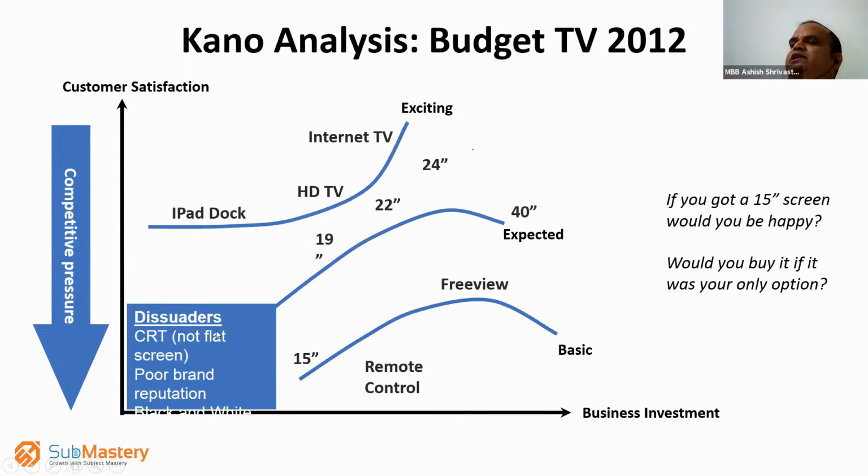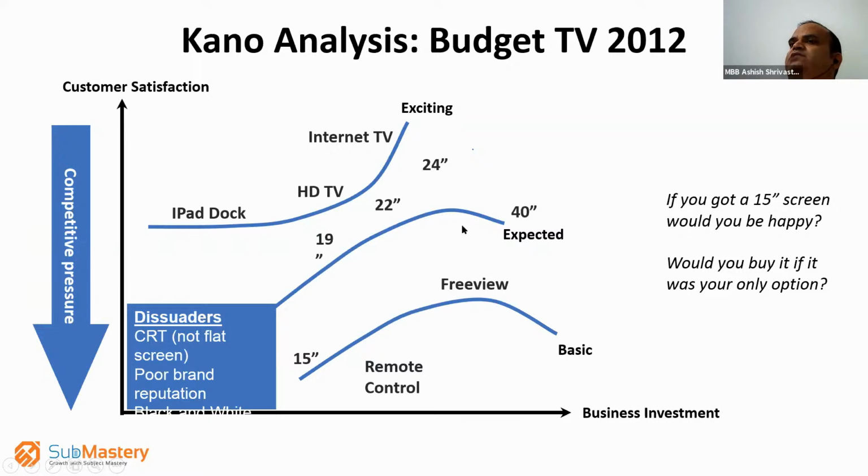That the TV should have a screen, it should have a remote control and some basic features. But if you are not giving them these basic things, then I can't say that this is a TV.